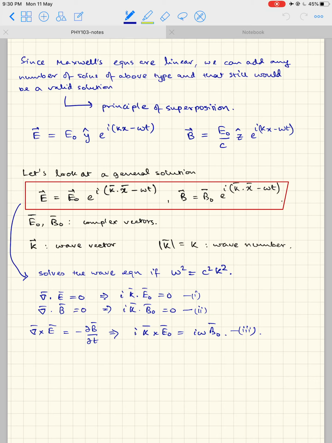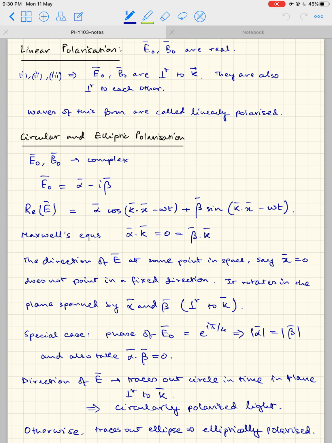So we wrote down a general form of the wave, and then showed you what restrictions Maxwell's equations bring with it. When we chose E naught and B naught to be real, we got plane polarized light.